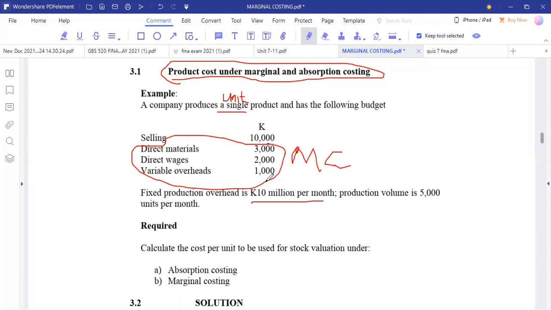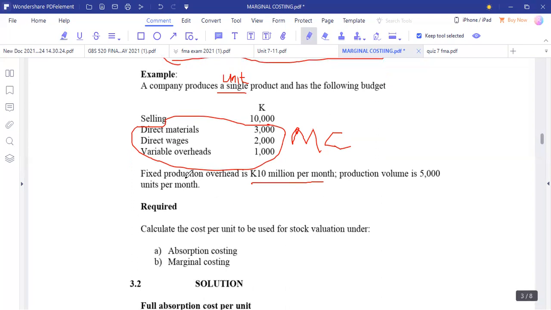So the direct material per product is 3,000, direct wages per product is 2,000, variable overhead per product is 1,000. So we can find the total variable cost from there.